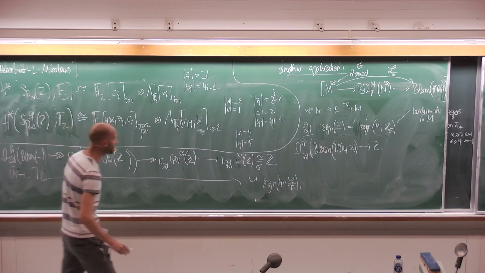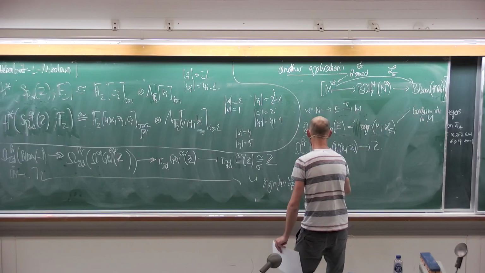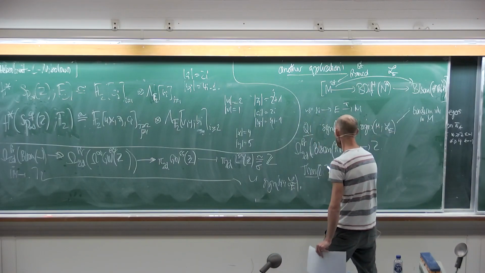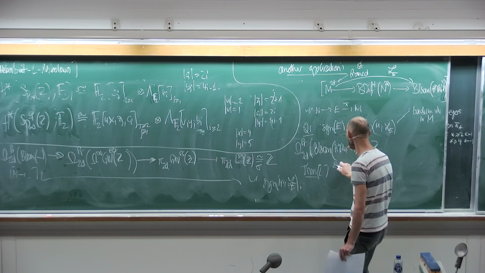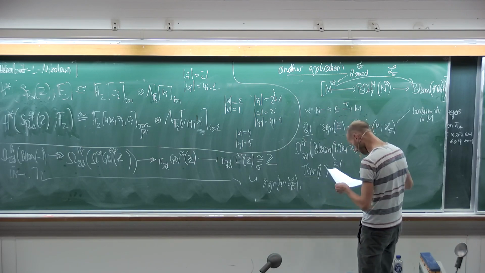Okay, so let me finish by writing down a theorem that tells you what these numbers are, because they're fun. Just in the epsilon equal to 1 case, there's also a formula for the other guys. What is the formula?